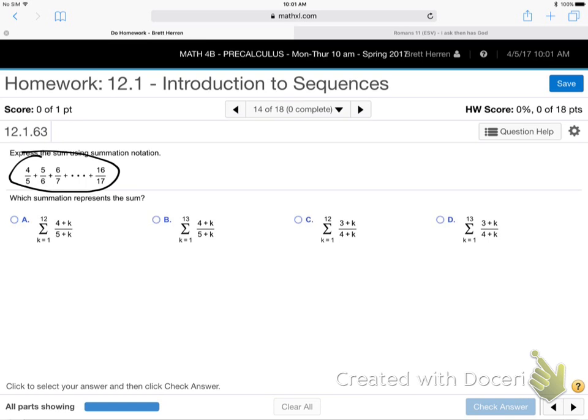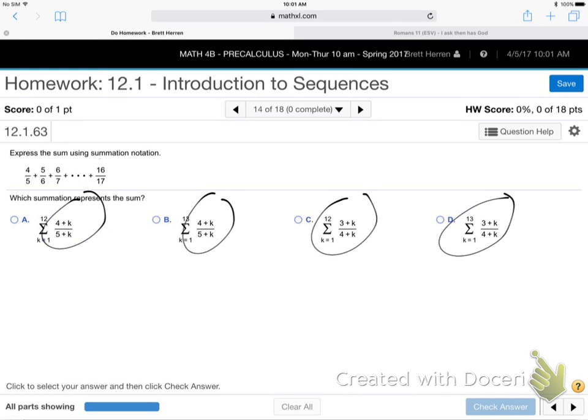So in other words, which one of these formulas is going to work? Somehow you got to have a formula where you plug in k equals 1 and you get 4/5, and you plug in k equals 2 and you get 5/6, and you plug in k equals 3 and you get 6/7.